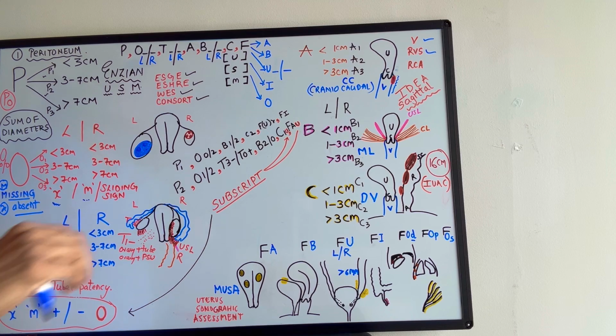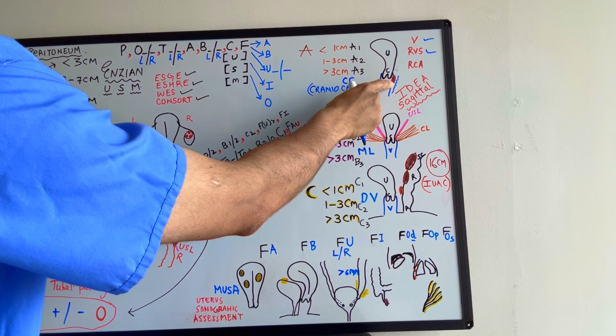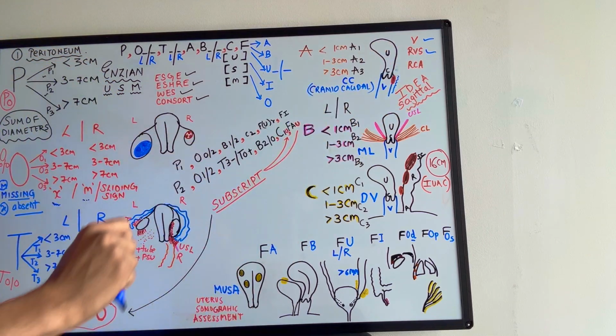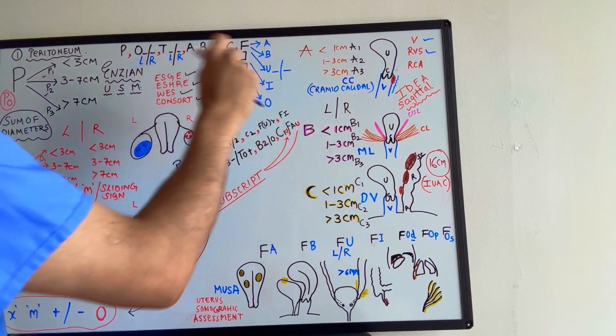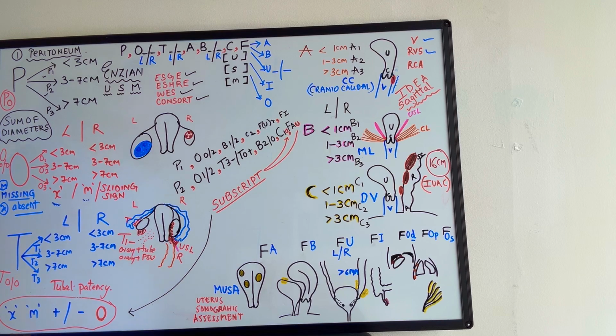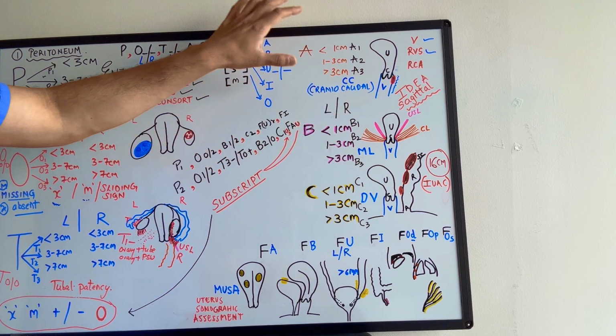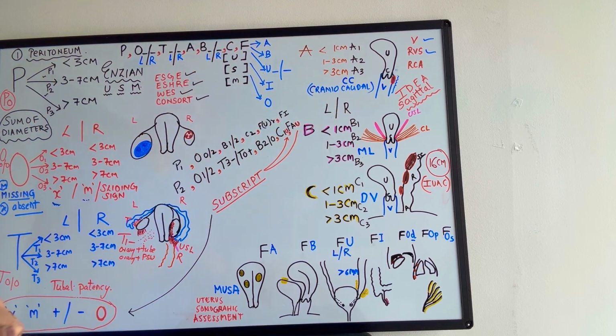Very simple to understand. Again, if this lesion is around 5 centimeters in the rectovaginal area or in the pouch of Douglas or in the rectocervical area, then we're going to classify that as A3. And the plane in which the A is described is craniocaudal.